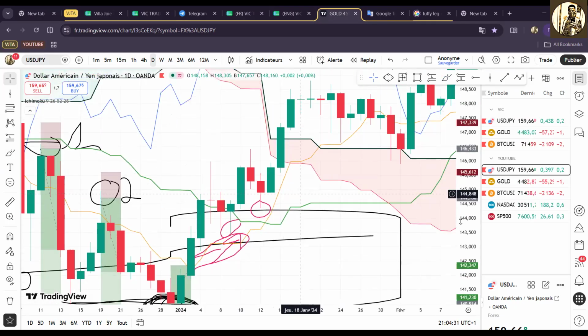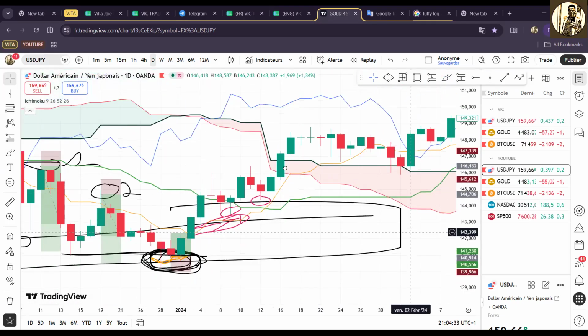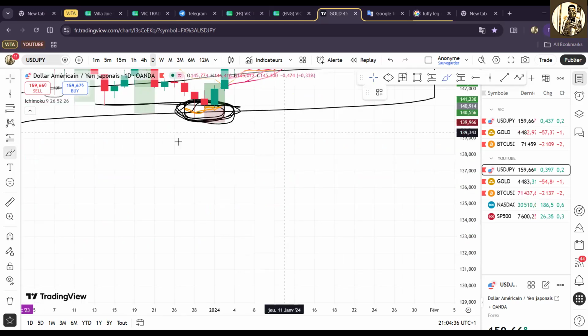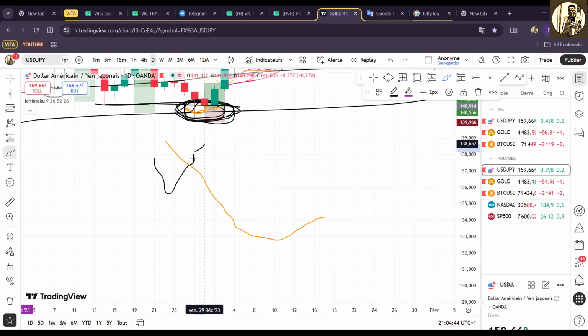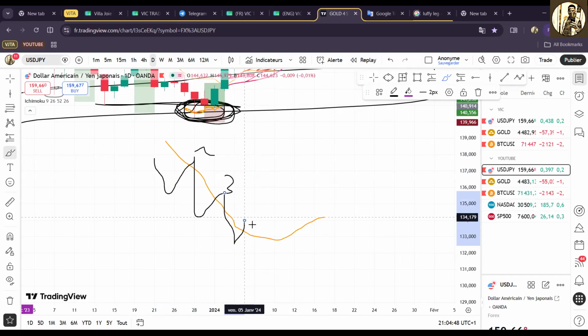Why? Because Tenkan inverted to the upside, you need to understand something. When Tenkan drops down like this, right? When Tenkan drops down and the price starts touching Tenkan one time, second time, third time, right? What makes the price go to the upside is this Tenkan inverted.